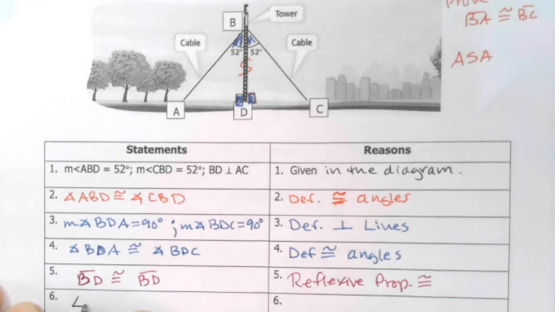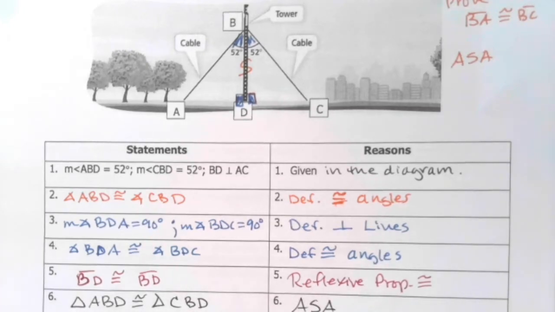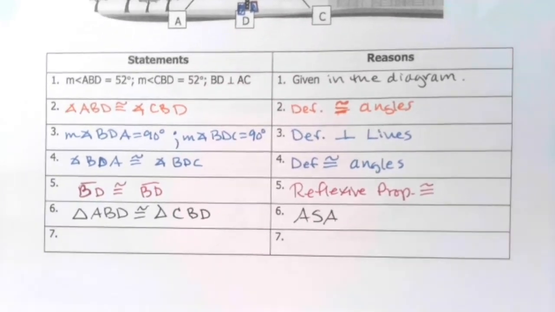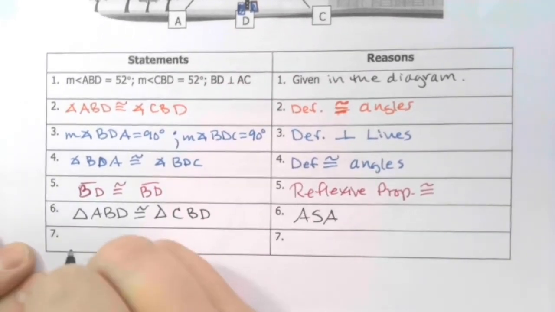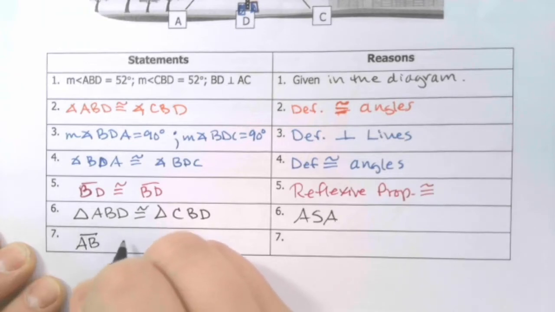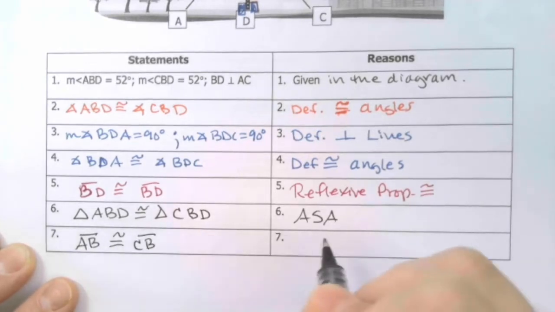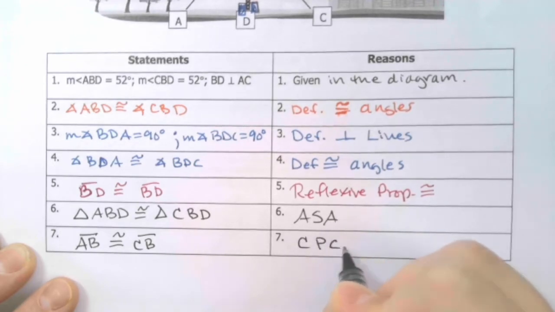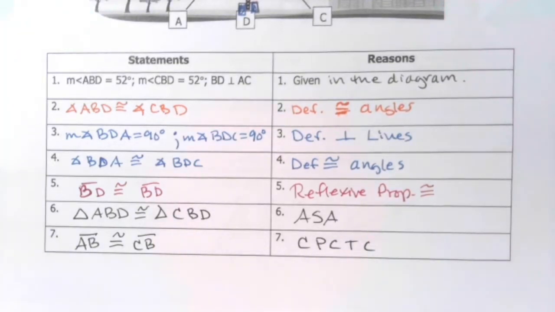We can say triangle ABD, the left one, is congruent to triangle CBD because of angle side angle. Now that the triangles are congruent, I get their body parts. I can now say that cable AB is congruent to cable CB because corresponding parts of congruent triangles are congruent.